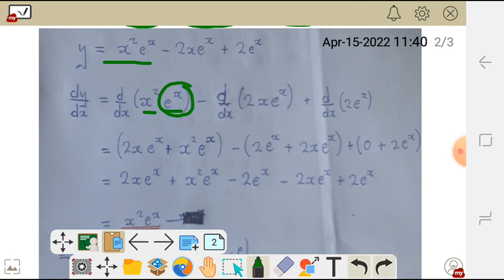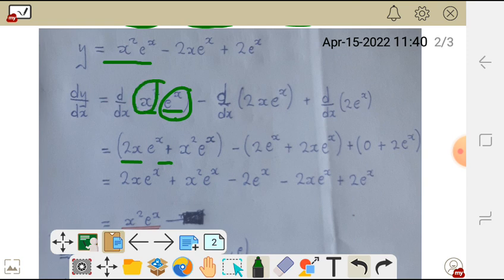So the differential of x squared will be 2x multiplied by e to the power x, then plus the differential of e to the power x, which is just e to the power x multiplied by x squared.